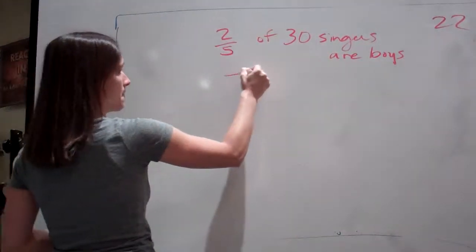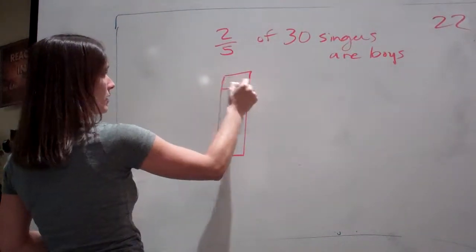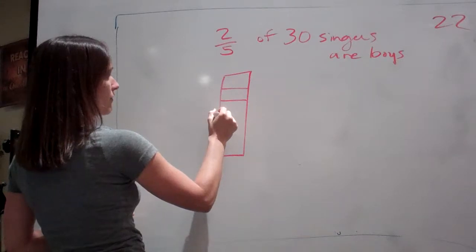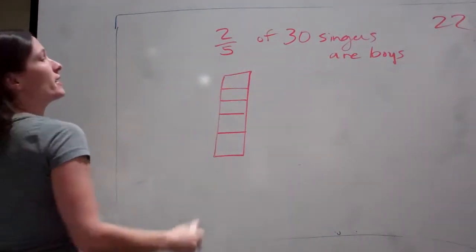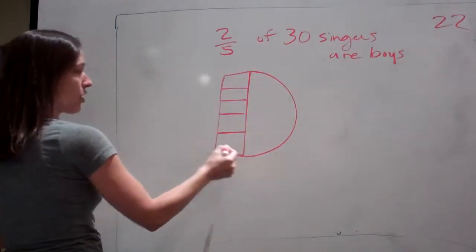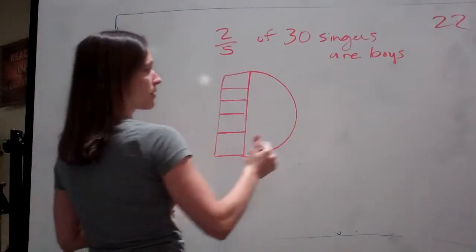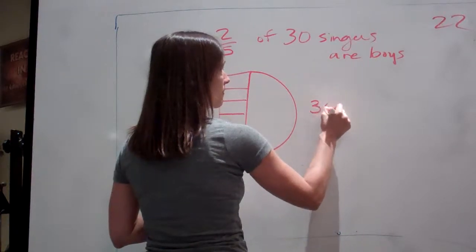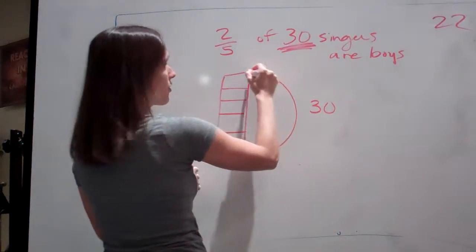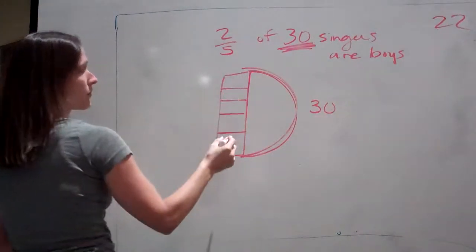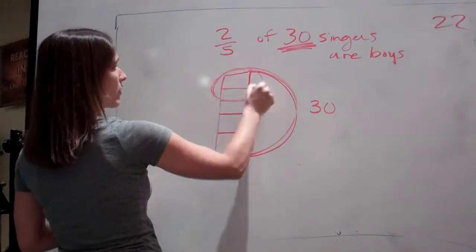Okay, so again, draw a little picture. And how many different parts am I going to have? 5. 1, 2, 3, 4, 5. Okay. Now, how many singers are there in total? 30. 2/5 of the 30 singers. There are 30 singers total. Okay, now we're just trying to figure out what 2 of them are.